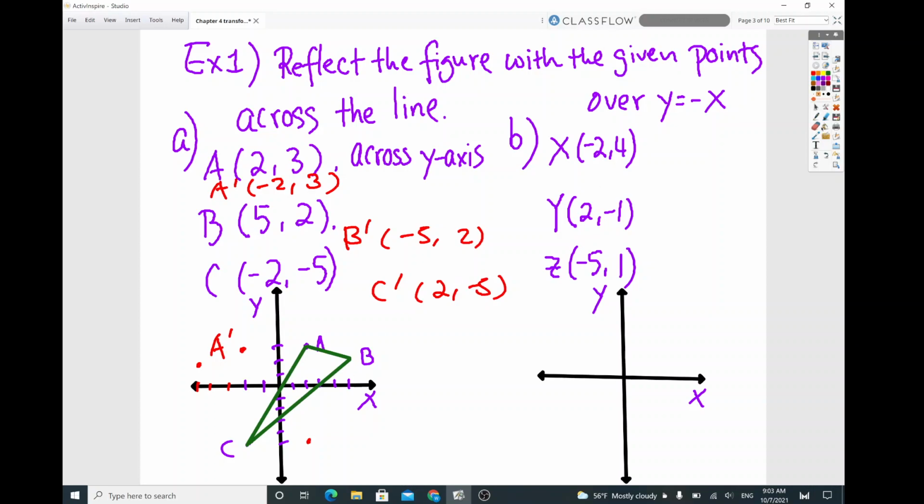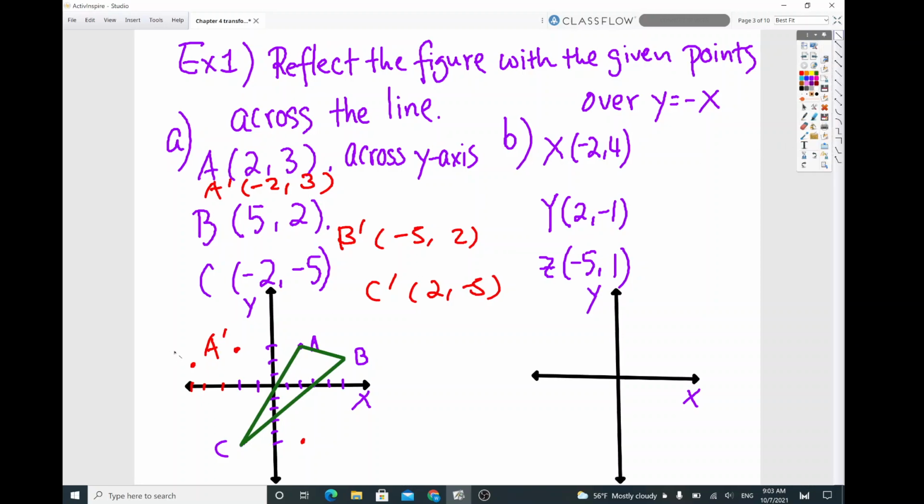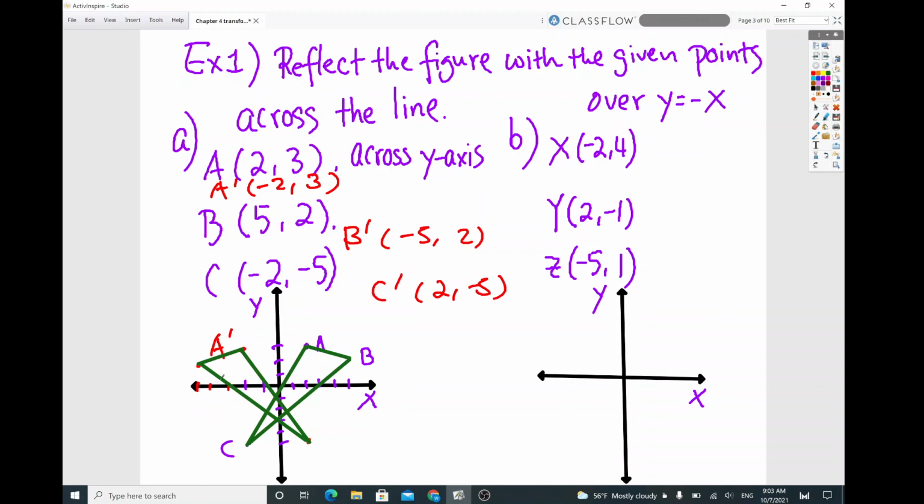Again, for those 3 dots, just connect them. As you can see, the figure is reflected over the line of symmetry, the y-axis. Again, label the points A prime, B prime, and C prime.